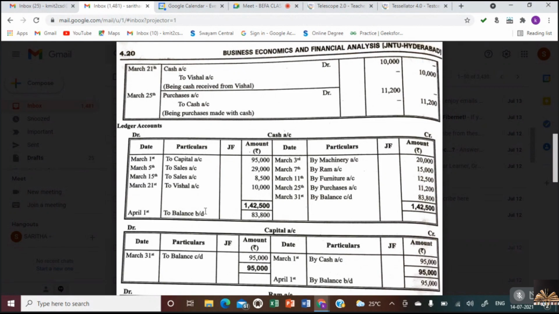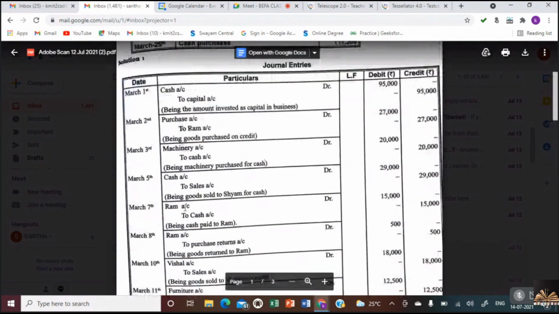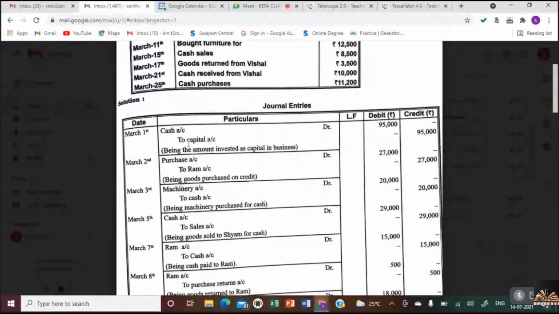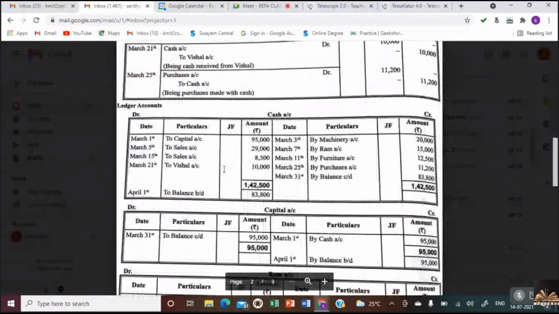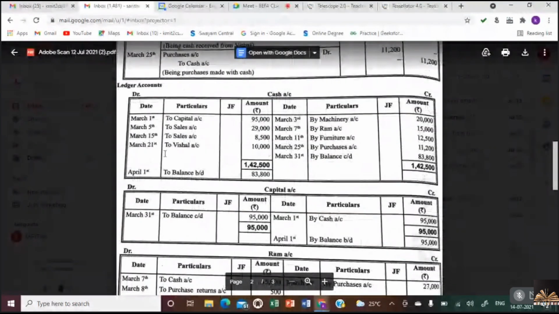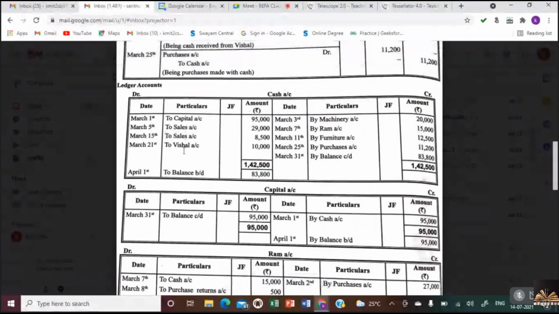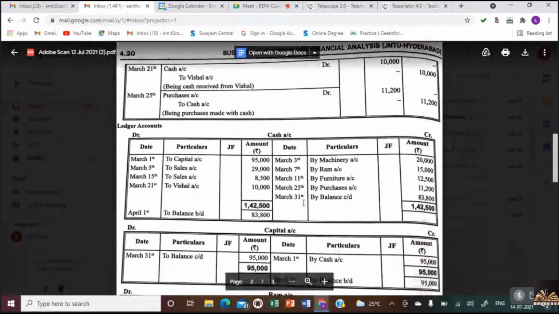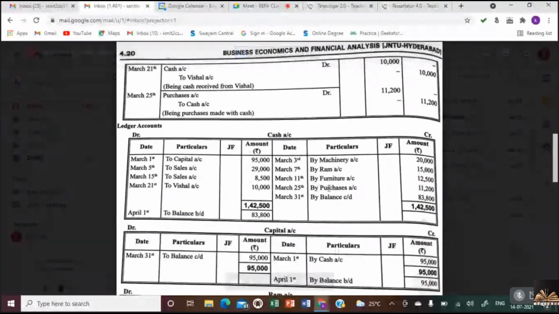The second one is a blind way. In the cash account, cash won't come. The next one is to capital. So what you do is blindly take the other items on the debit side. All the 'to' items will be taken on the debit side: to capital, to sales, to purchases, like that. So these are the two ways, whichever is easy for you.